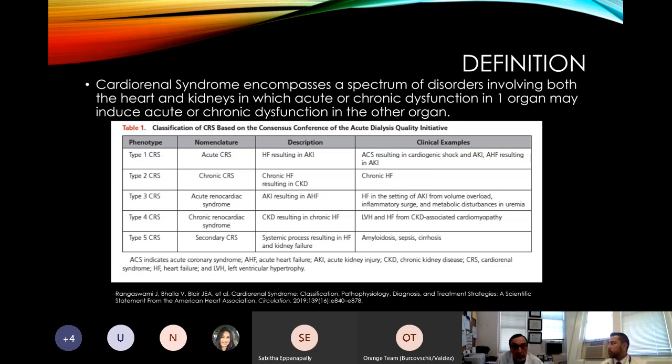But one of the things that I want to bring to house staff attention is type 1 cardiorenal syndrome. The patient comes with acute decompensated heart failure. They are volume overloaded, they have lower extremity edema, jugular venous pressure is elevated, chest X-ray shows pulmonary vascular congestion, creatinine is 1.2, 1.3.